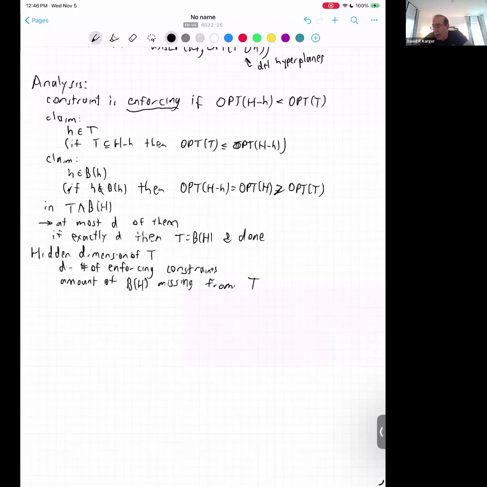Because the enforcing constraints are in B of H and in T. So if you subtract that from D, you find out how many things are not part of B of H in T. Okay? And this dimension is going to drop. And if it's 0, we have found the optimum.